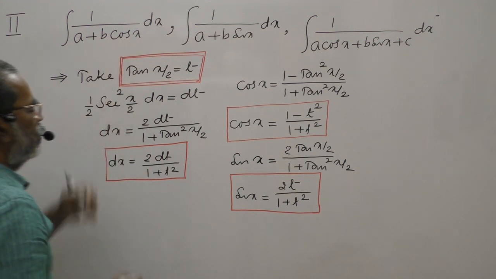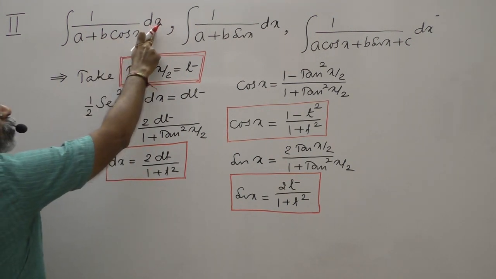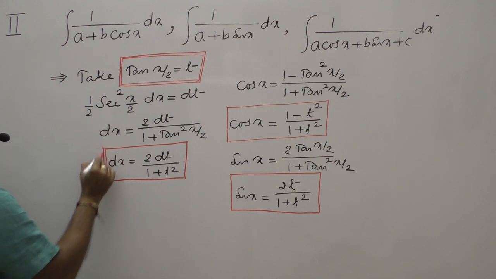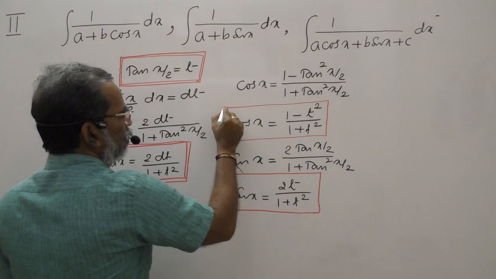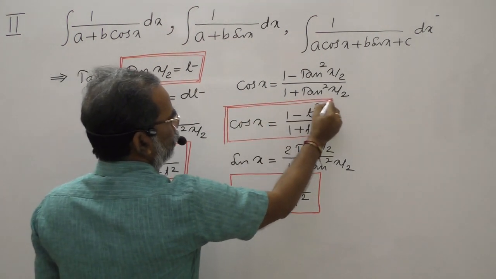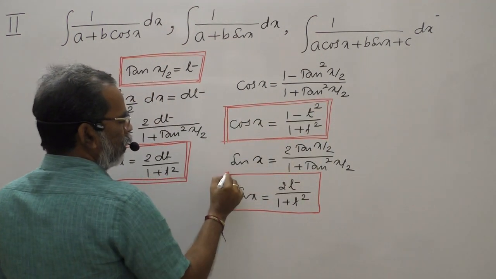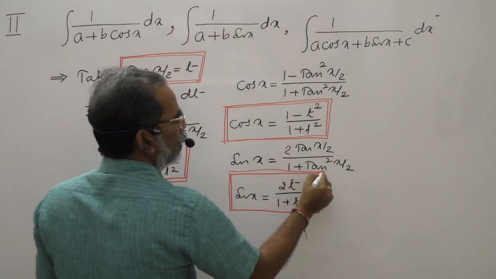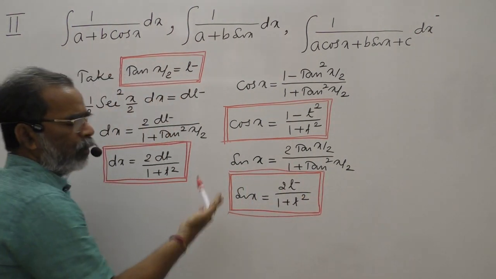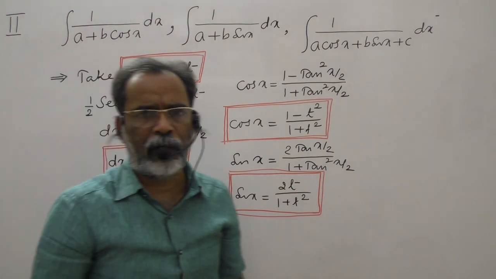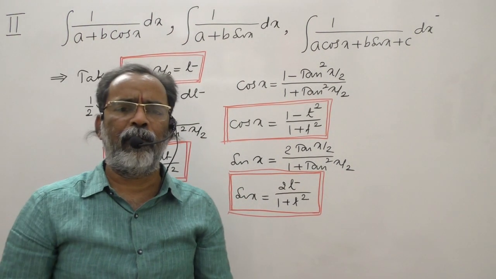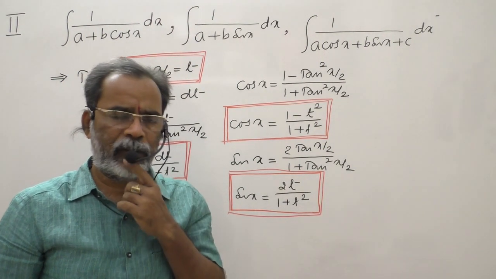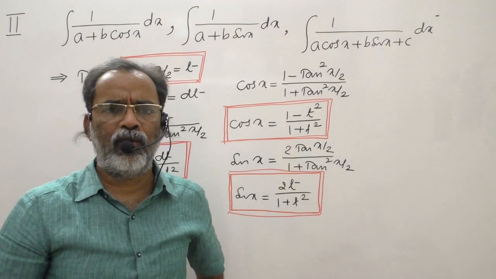So dx has to be changed, and cos x, and sin x in terms of t. You can remember them directly. What is dx? 2 dt by 1 plus t square. What is cos x? 1 minus t square by 1 plus t square. What is sin x? 2t by 1 plus t square.